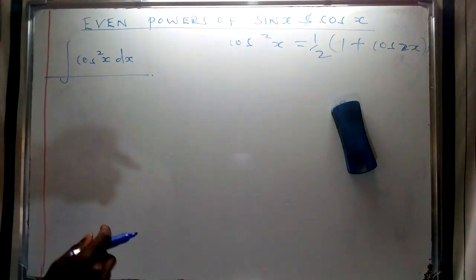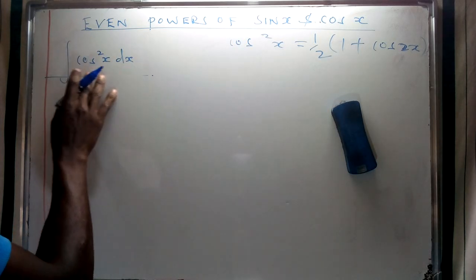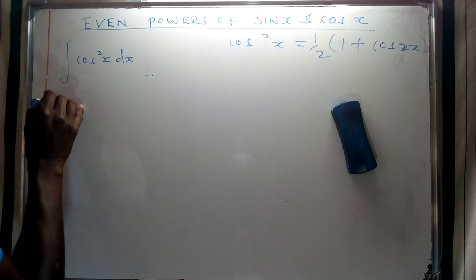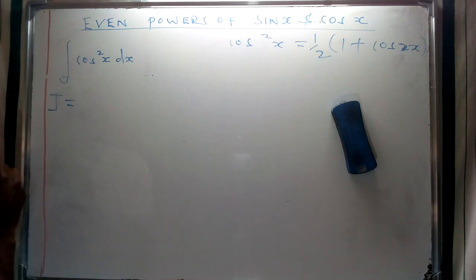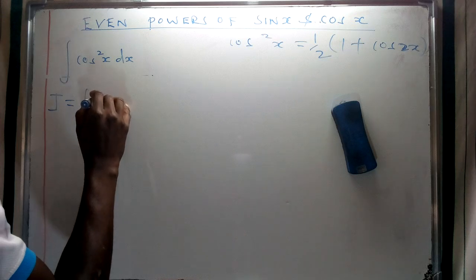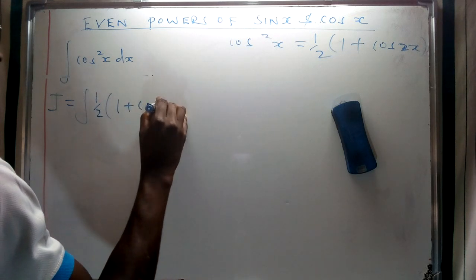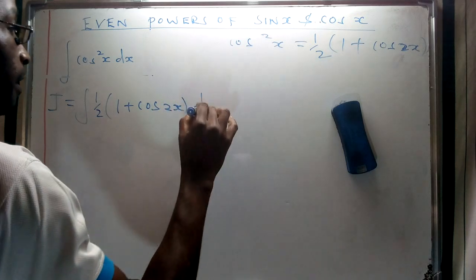So we're going to do a substitution for this square of the cosine of x using this double angle formula as our first step, whereby the integral is given as the integral of a half times 1 plus the cosine of 2x dx.